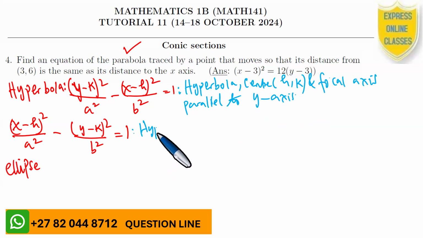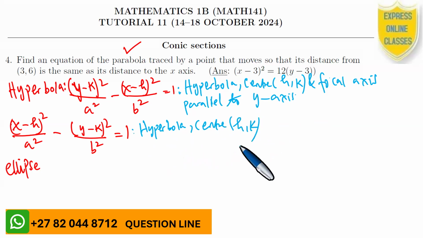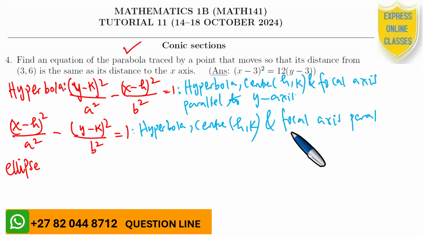This one becomes a parabola with center and focal axis. The focal axis is parallel to the y-axis because I normally say the y looks like it has a positive. There's a positive associated with the y and a negative associated with the x.